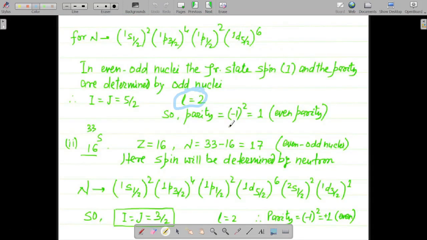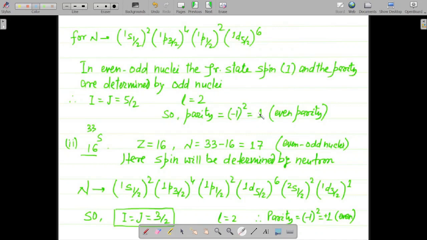So parity will be equal to minus 1 to the power L, as already told to you. For even odd nuclei the parity is found like this, minus 1 to the power L. As the value of L is 2, minus 1 to the power 2 will come, and that will be equal to 1.